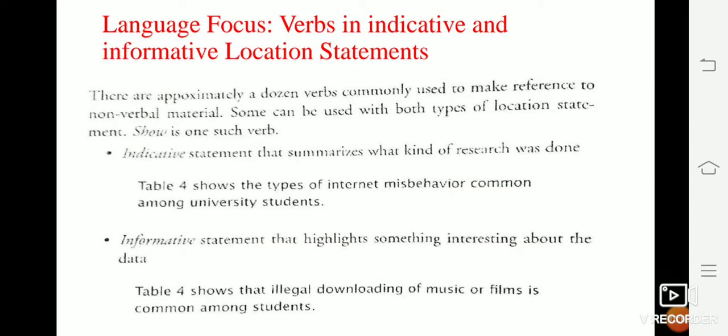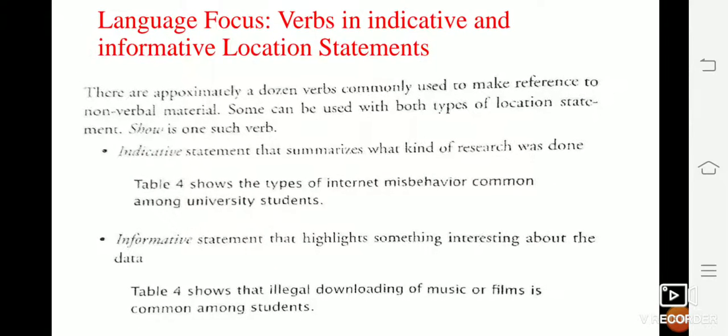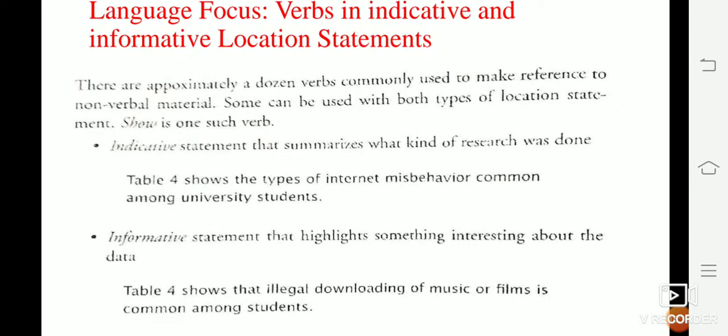It's a little bit blurry. So can you now look at here? Language focus: verbs in indicative and informative location statements. There are approximately a dozen verbs commonly used to make reference to non-verbal materials.